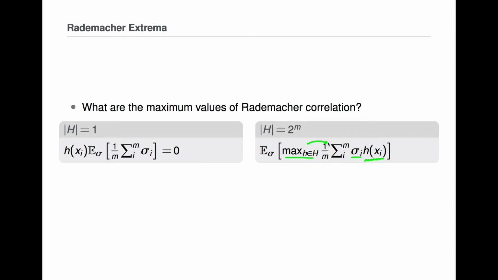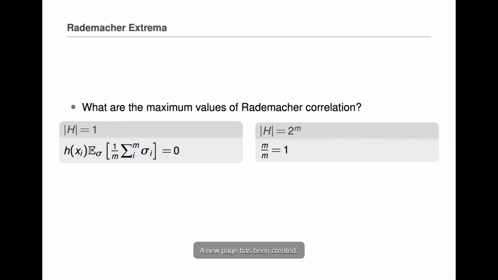But you can do that perfectly because for any possible setting of sigma, you can choose how the hypothesis is going to set the answer for the input of xi. So you can make sure that this is always 1. And so, if that's the case, then this just becomes a sum over m 1s. And so that means that you're going to have m over m, which is 1.